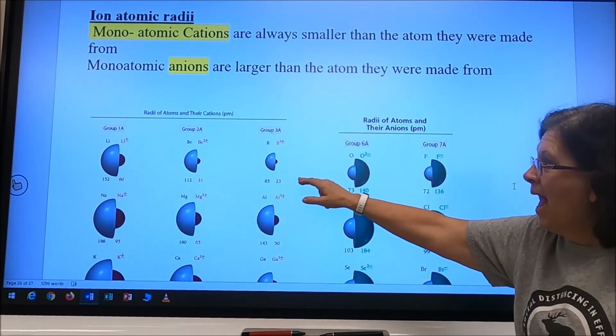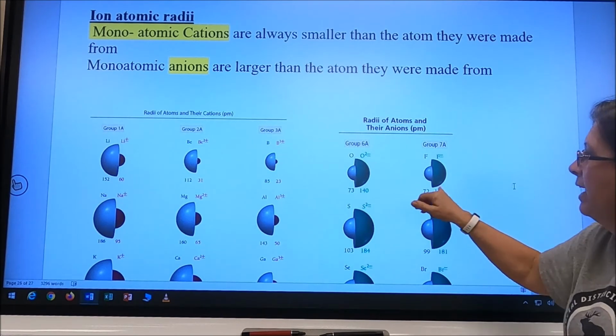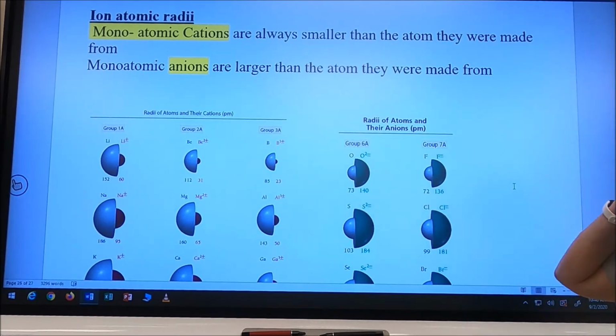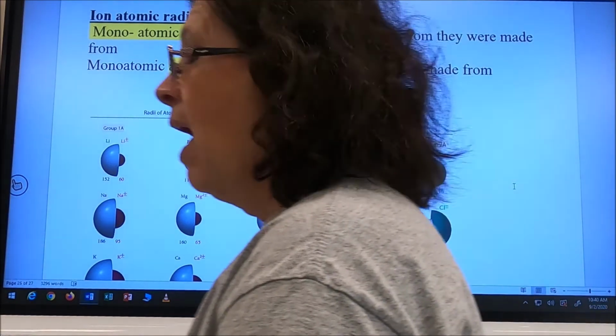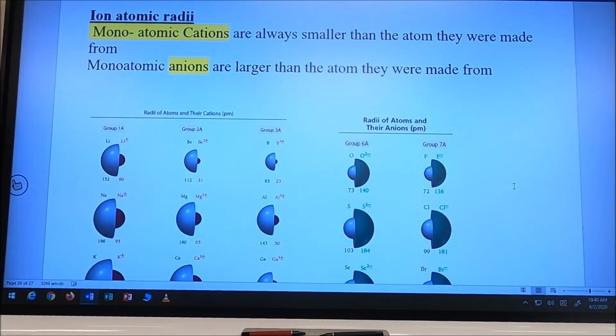It's not as dramatic as with the cations, but for the anions, the more negative the charge, the larger the ion. For an isoelectronic series, a group of atoms, a noble gas atom and cations and anions that all have the same electron configuration, the more positive the charge, the smaller; the more negative the charge, the larger.